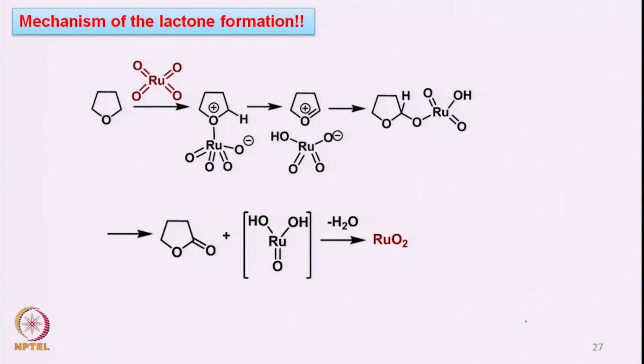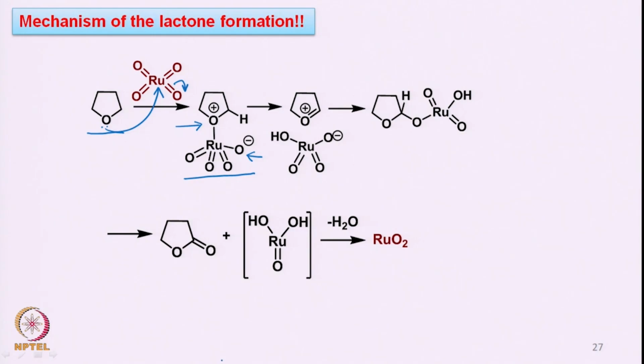For example, we can start with a cyclic ether such as tetrahydrofuran. This tetrahydrofuran then reacts with the ruthenium tetroxide and forms a species of this kind where there is a positive charge on the oxygen, and of course there is a negatively charged ruthenium species which is attached to the oxygen.